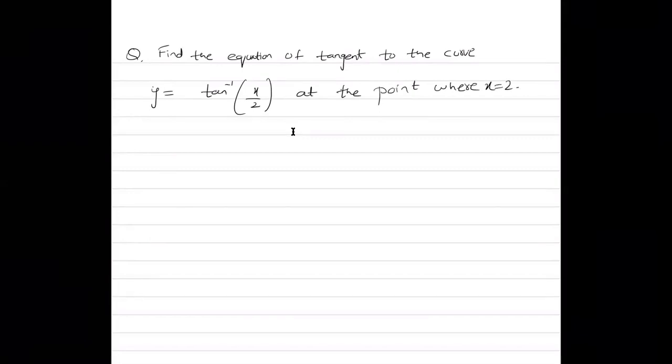Okay. So there's no new concept in the question. It's a similar question where you need to find the equation of the tangent to the curve at a particular point. And to find that, you need to differentiate this tan inverse function. And we just did the differentiation of tan inverse. So you get the idea, right? Yes. So I would like you to try this out. Get me the right answer, please.